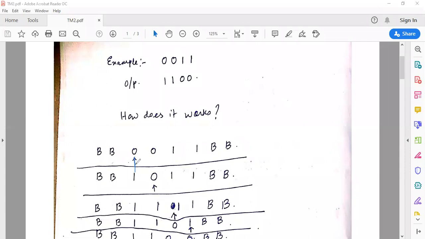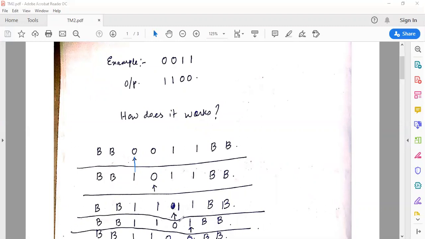So what we're supposed to do is we'll start traversing the Turing machine tape, and we're going to change the 0 to 1. As we move towards the right, our read write head will be at the next point, and we are going to change this 0 again to 1. Again, we will be moving to the right. Now our head is at 1.